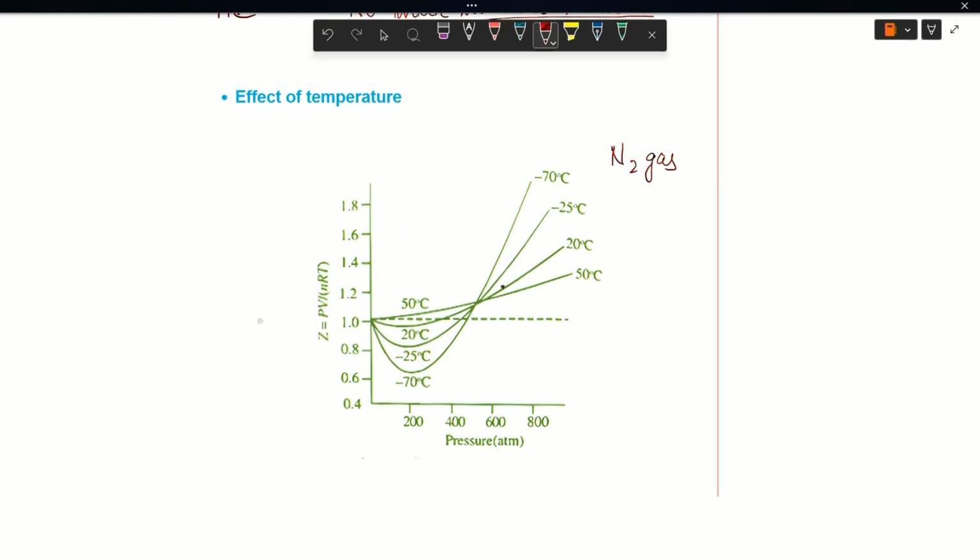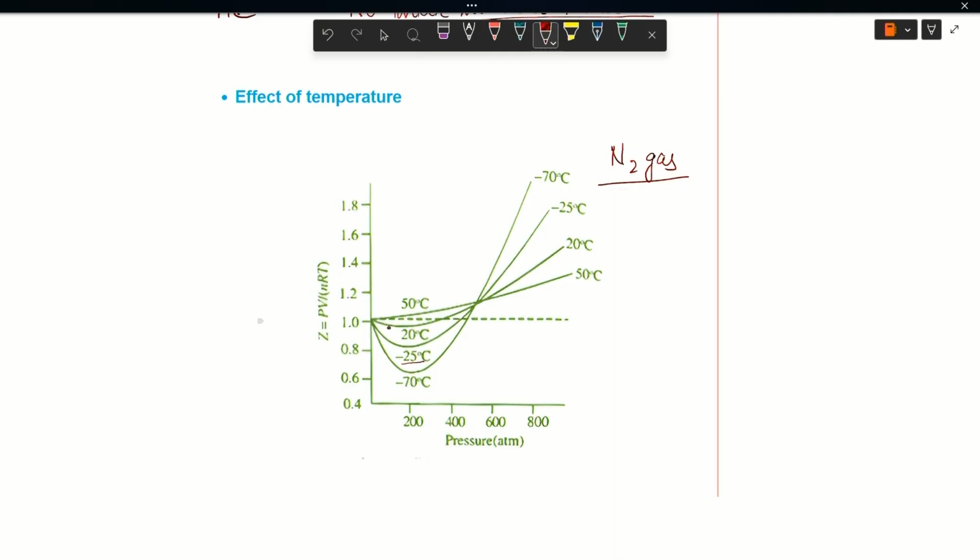Here you can see that this is for the same gas, nitrogen, and when the temperature is minus 70 degrees Celsius, you have a very big dip and then it increases. When the temperature is raised from minus 70 to minus 25 degrees Celsius, the dip or the minimum value is higher than that for the lower minus 70 degrees Celsius.